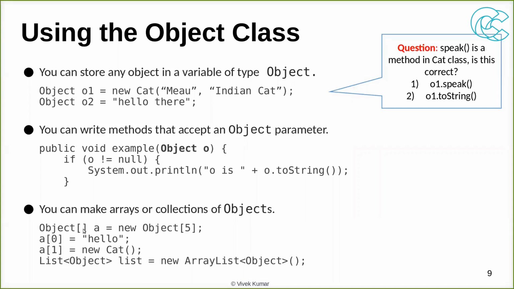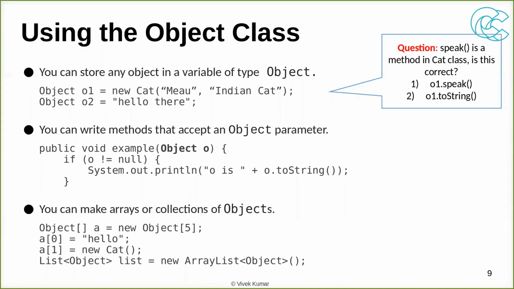Because in an array of object each slot should be of type object, but since object is a superclass for everything, you can have any value there, except of course the basic data types. So you cannot have an integer here, because integer does not inherit from object. It's only the user defined data types, or any class for that matter.